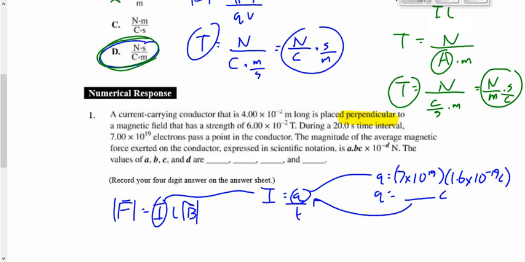We divide it by 20 seconds. We sub that into here. And then we multiply it by the length and by the magnetic field strength, both of which were given. And when we do, we get an answer of 1.34 times 10 to the negative 3. We express that as 1343.